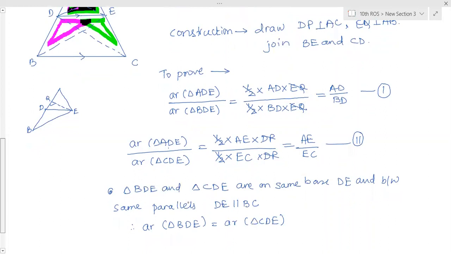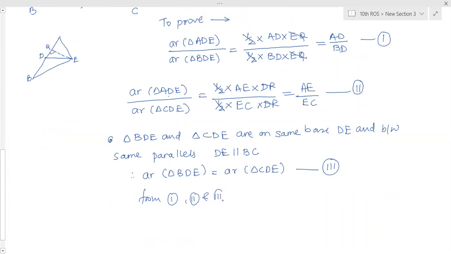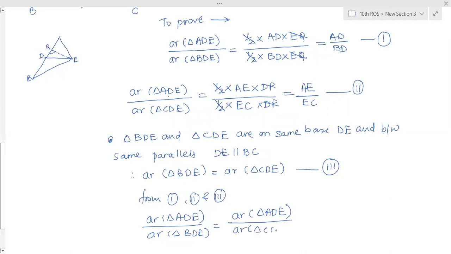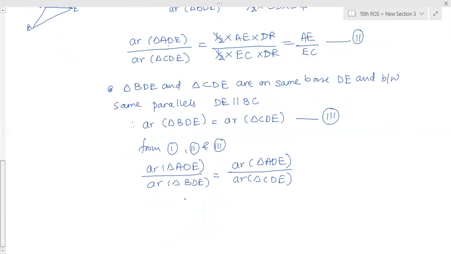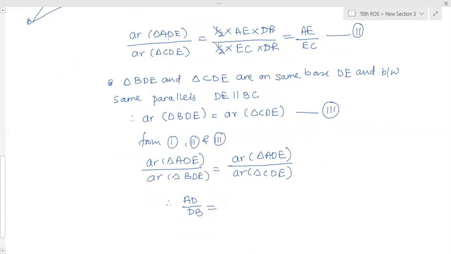From 1, 2, and 3, area of triangle ADE by area of triangle BDE is equal to area of triangle ADE by area of triangle CDE. And if these are equal, therefore we can say AD by DB is equal to AE by EC.